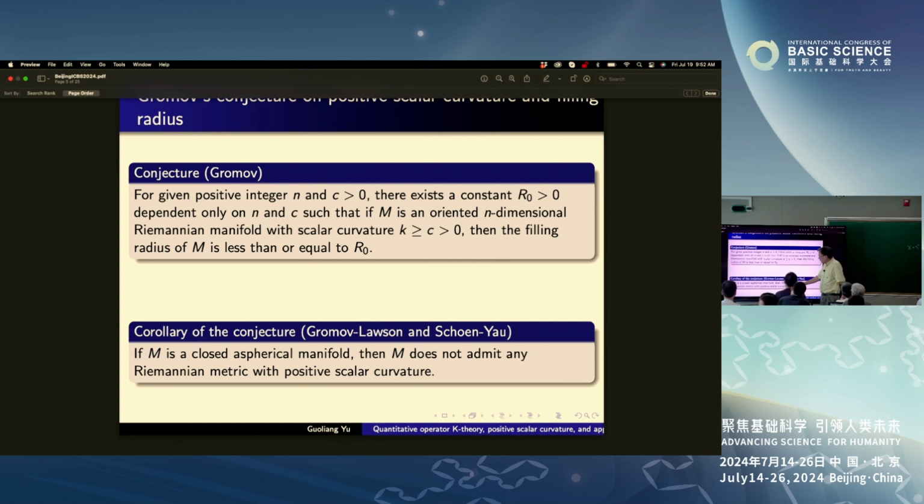The reason is that if you have such a positive scalar curvature metric on M, the universal cover of an aspherical manifold is going to have infinite filling radius. That's how you derive this. So this conjecture can be viewed as a quantitative statement of the Gromov, Lawson, Zhizhang Xie conjecture.